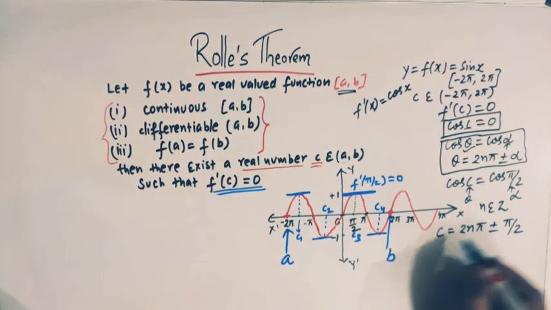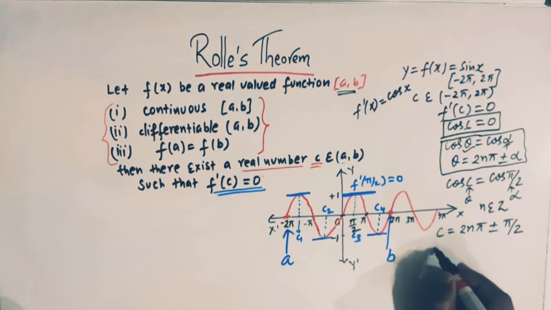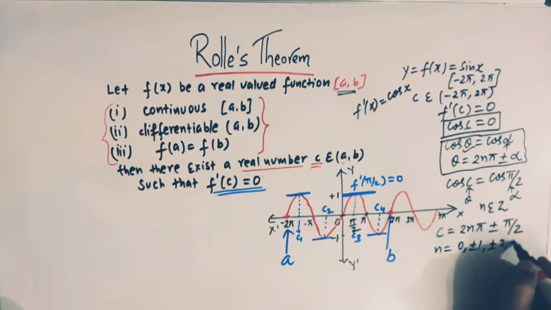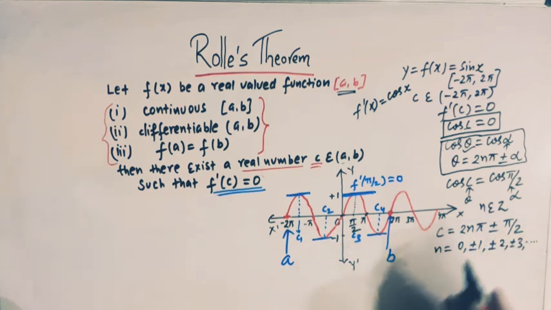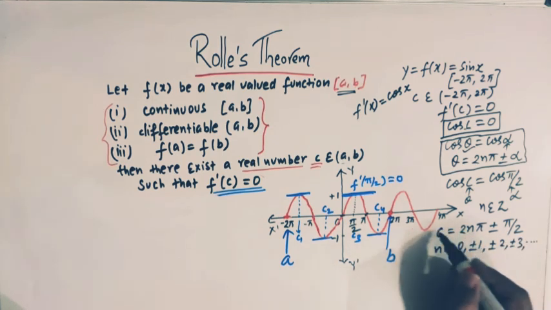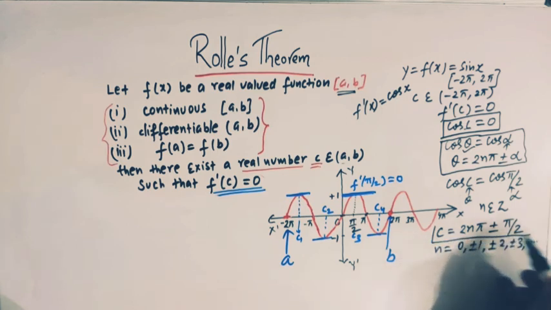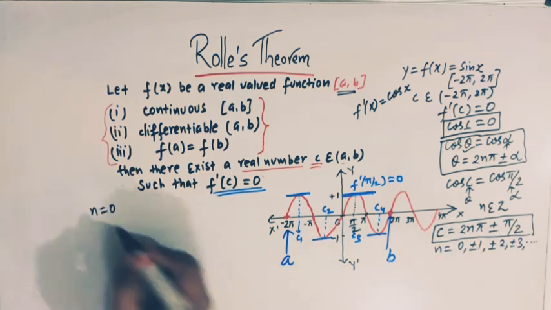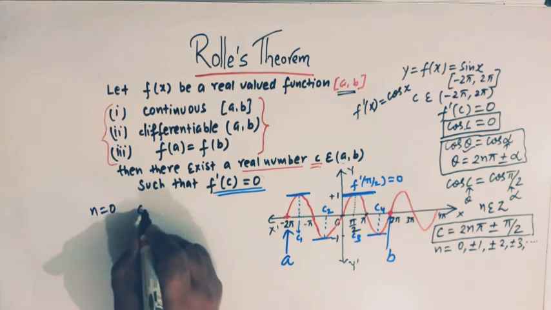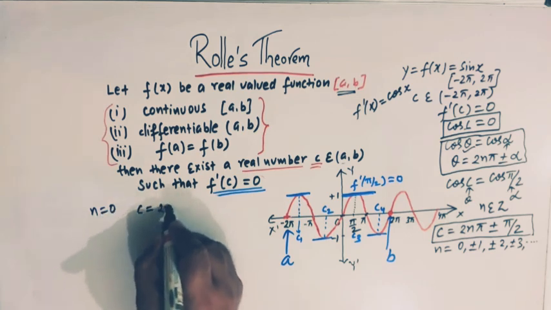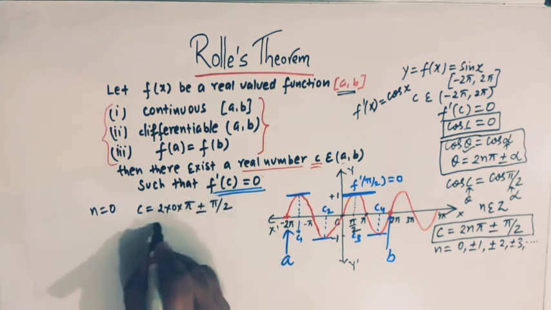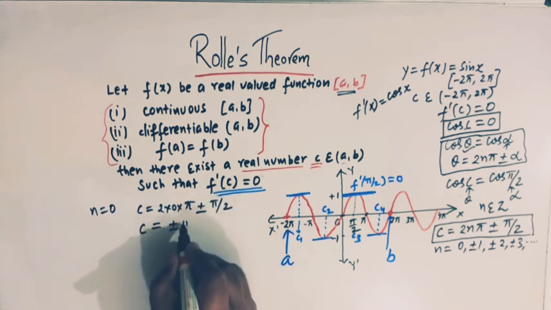So now here we have n as an integer, so n can take value 0, plus minus 1, plus minus 2, plus minus 3 and so on. So here in this general solution we can substitute different values of n to get the particular solutions. So if I take n is equal to 0, then obviously we'll get c is equal to 2 times 0 times pi plus minus pi by 2, which is equal to plus minus pi by 2.